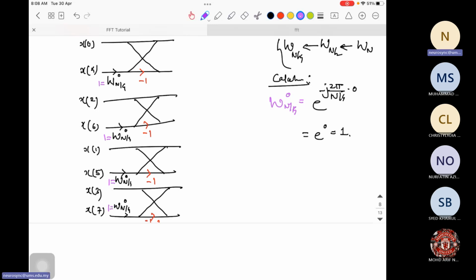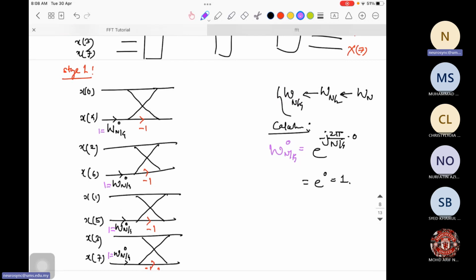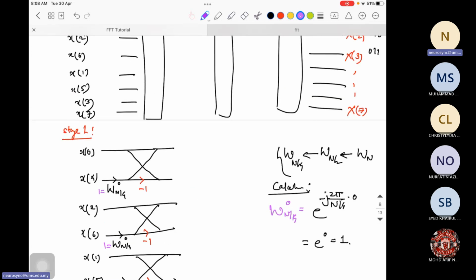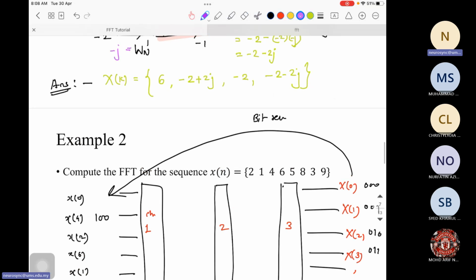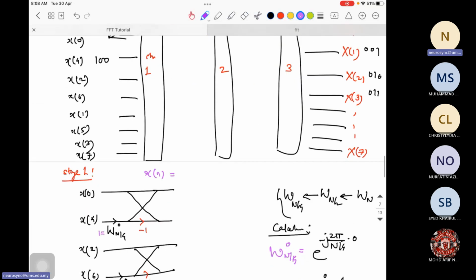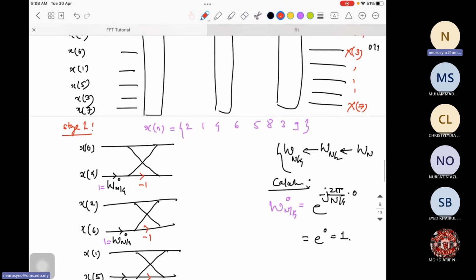Now, what is the x of 0? What is the given sequence? X of n, the given sequence, is equal to 2 1 4 6 5 8 3 9. So map this with the input.